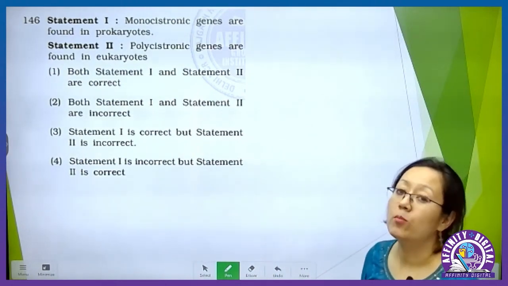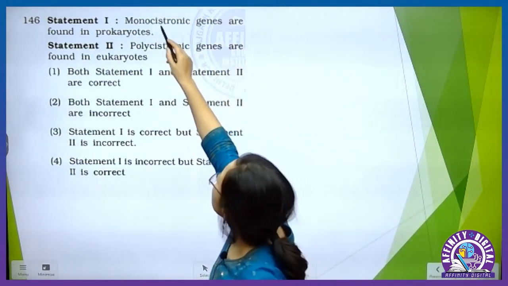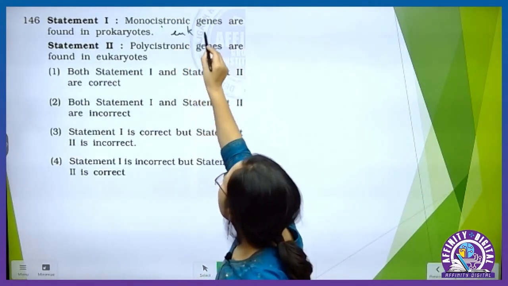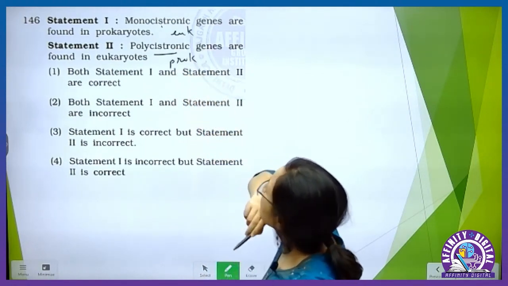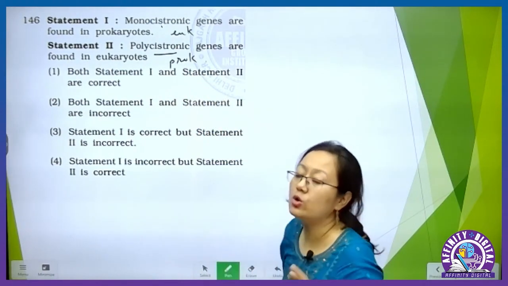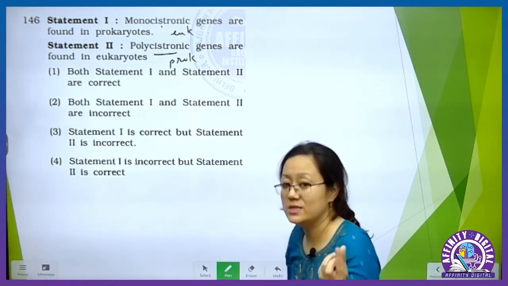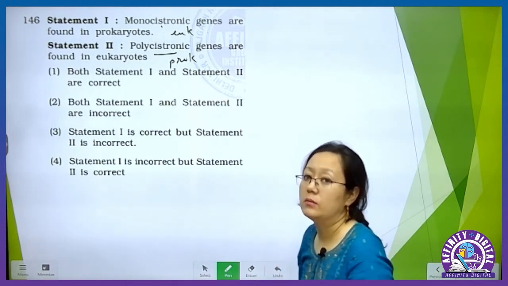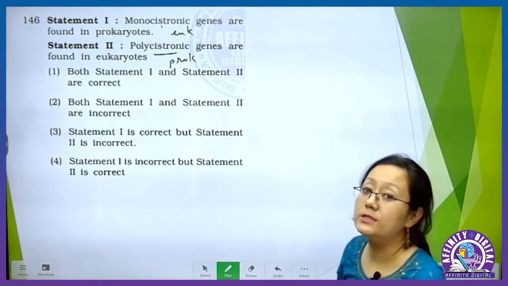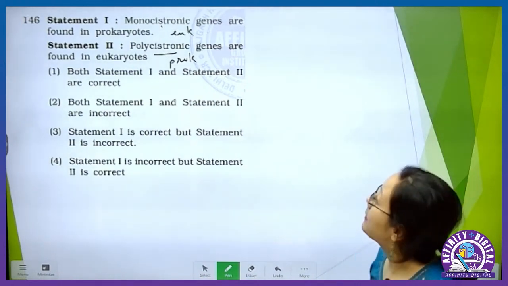Monocistronic genes are generally found in eukaryotes, and polycistronic are generally found in prokaryotes. Okay, generally, not always. Polycistronic means one promoter controlling more than one cistron.